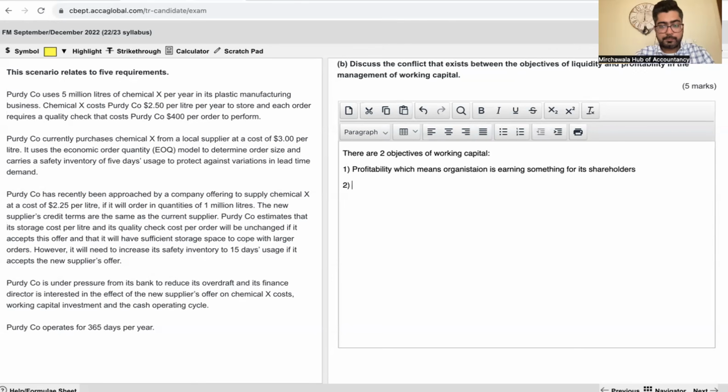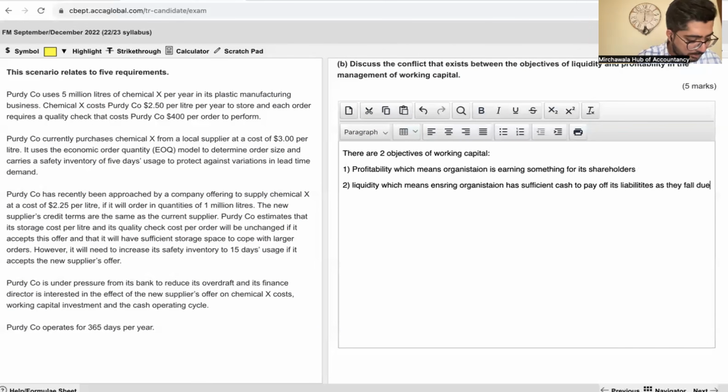Number two, liquidity, which means ensuring the organization has sufficient cash to pay off its liabilities as they fall due. Okay.